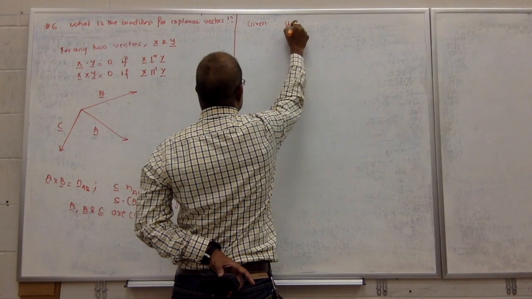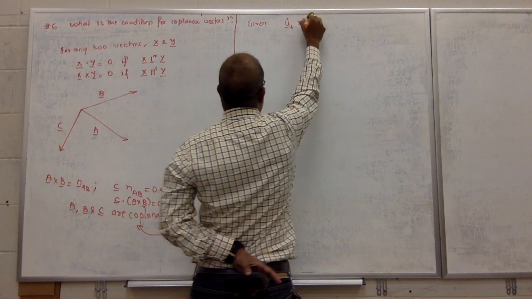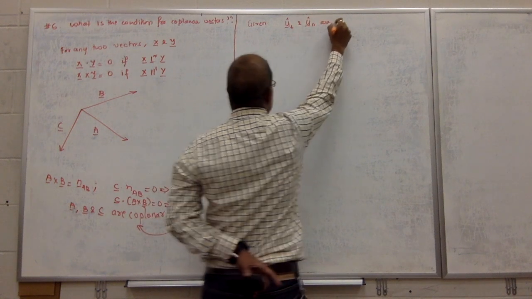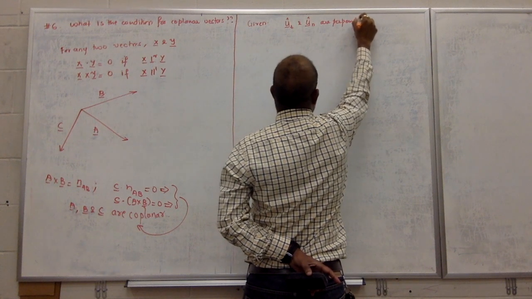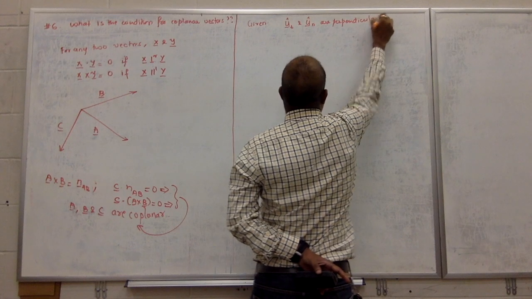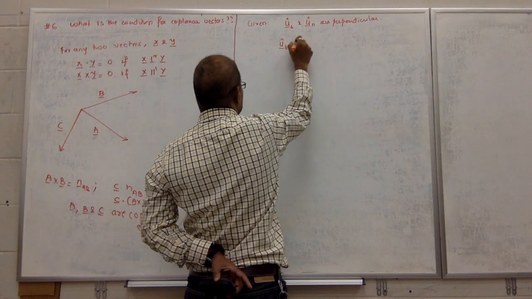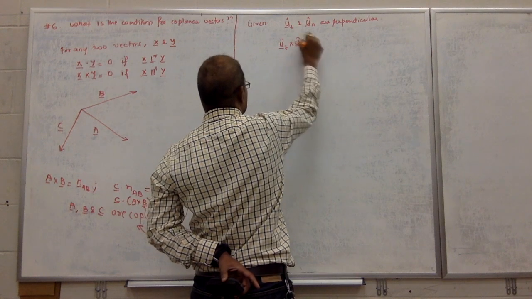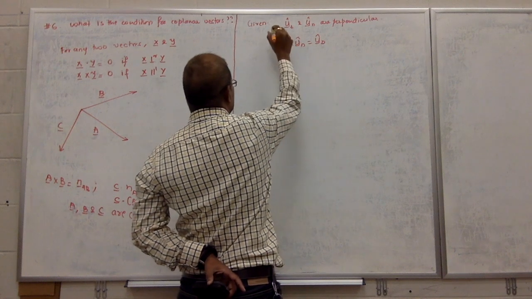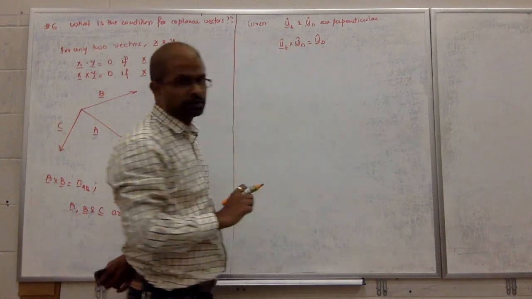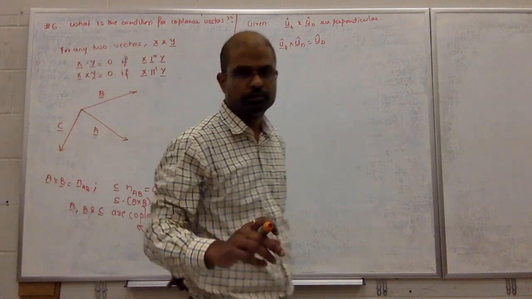UT cross product UN equals UB, right? This is given. Always identify what is given and what is being asked. This is very critical.